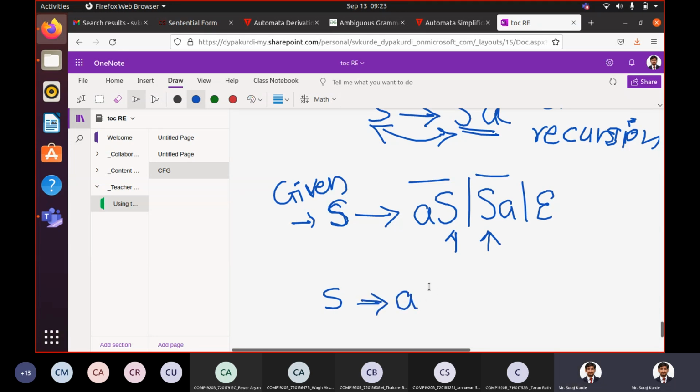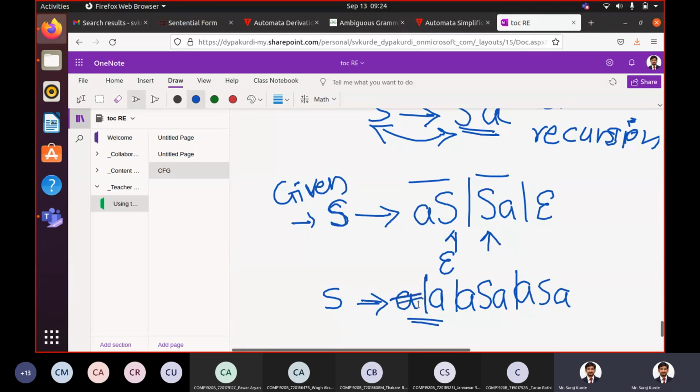It may produce simply A. If we replace this S with epsilon, then it is A. Again here, if we replace this S with epsilon, it is A. Or if we replace this S with SA, it is ASA. We may replace this S with AS, so again it is ASA. These are the possible productions.